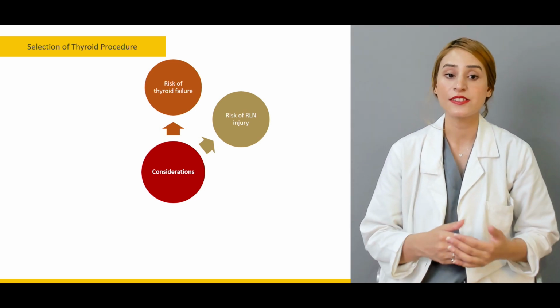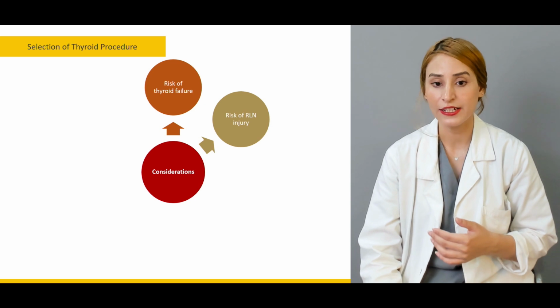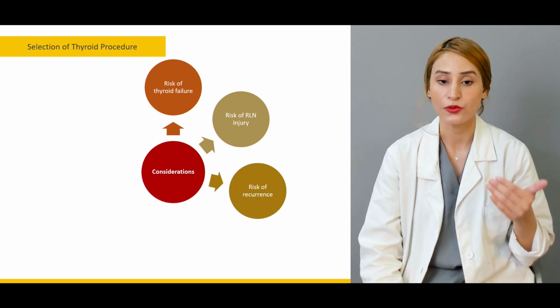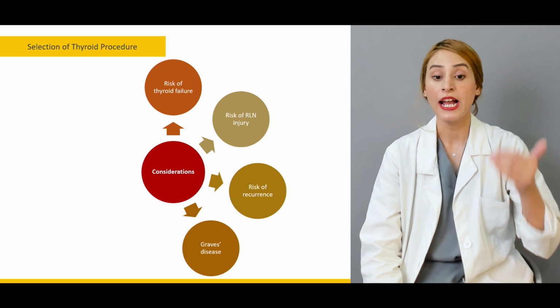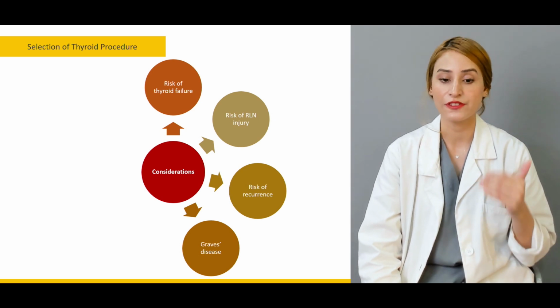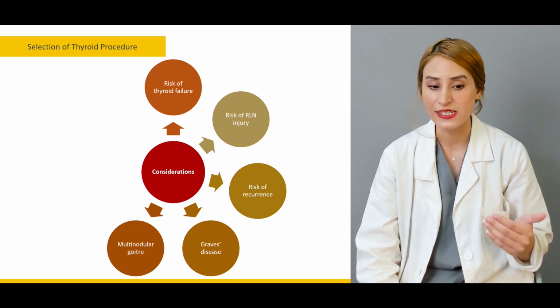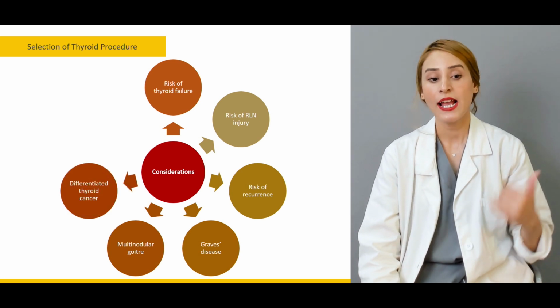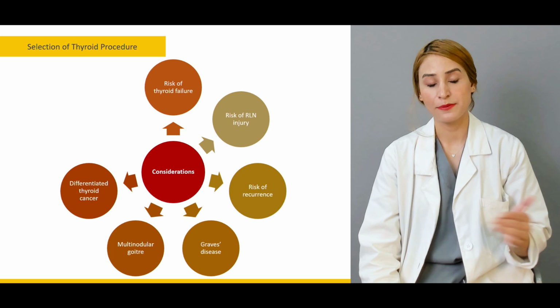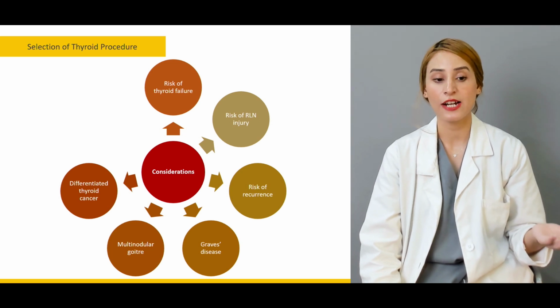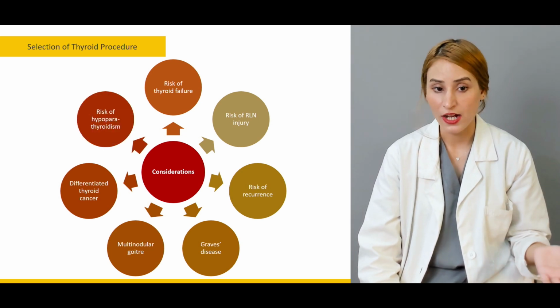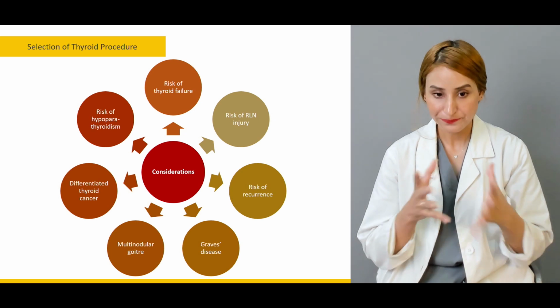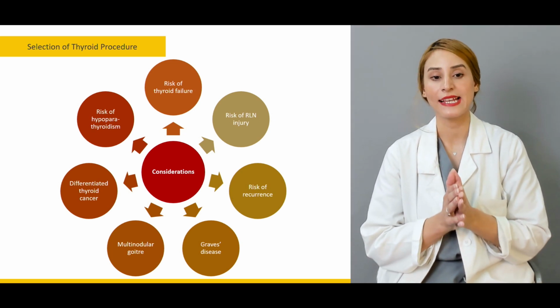You have to consider the risk of thyroid failure, the risk of recurrent laryngeal nerve injury, the risk of recurrence, Graves' disease, whether it's a multinodular goiter or not, and if it's a differentiated thyroid cancer, there's a risk of hypothyroidism as well. So let me explain all these things.